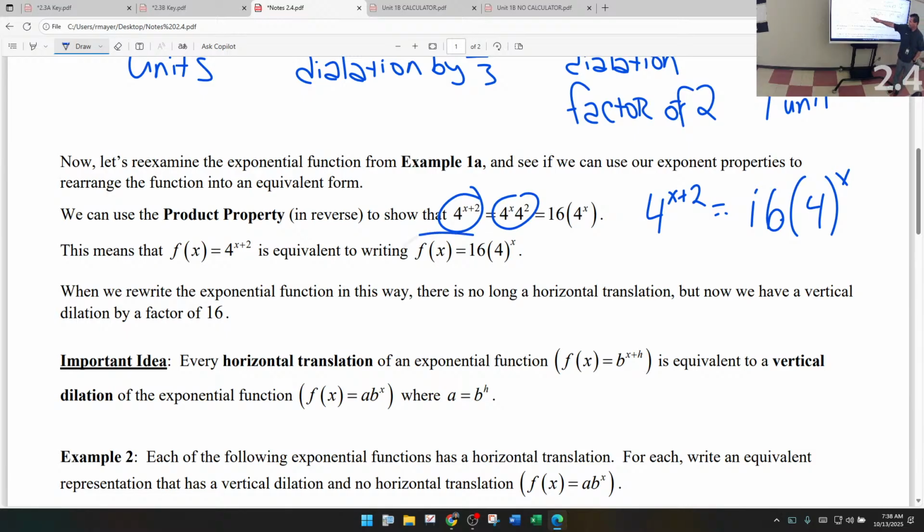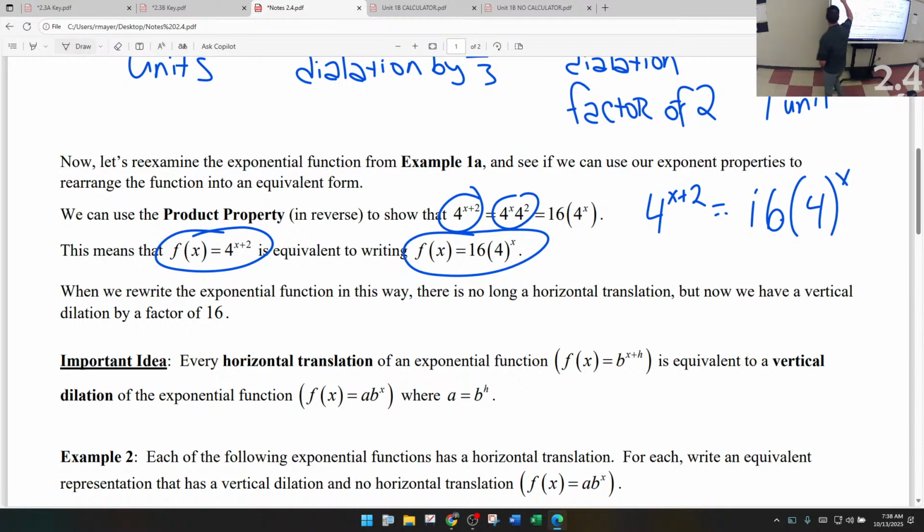So that's a big deal. We can rewrite the exponential function this way. There's no longer a horizontal transformation, but now we have a vertical dilation by a factor of 16. So same thing said, different ways.